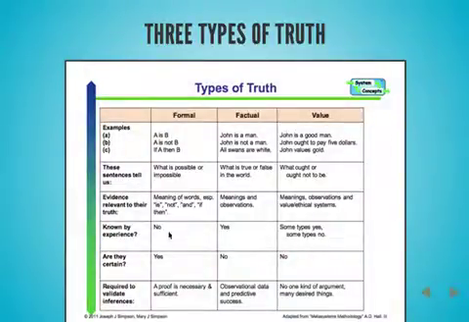So here's a chart that gives an overview of these three types of truth. What we're going to be doing is combining the formal and factual truth into the marking space using this grid. We'll see that the formal truth is really not known by experience, but it's certain.